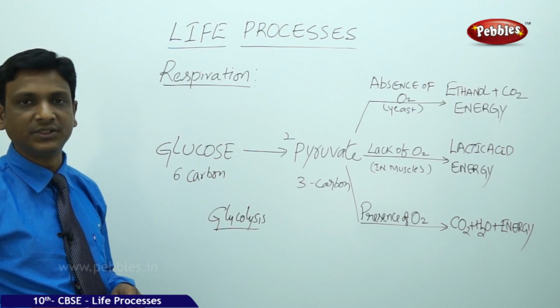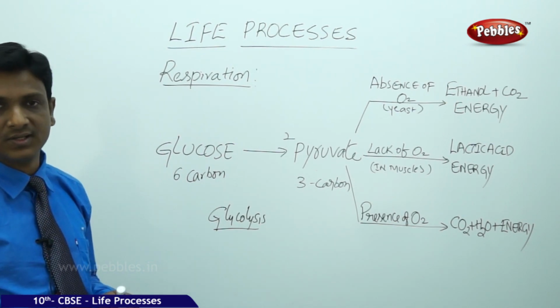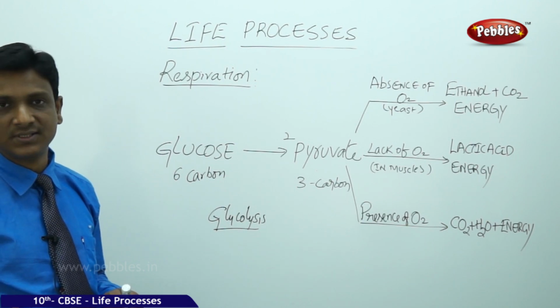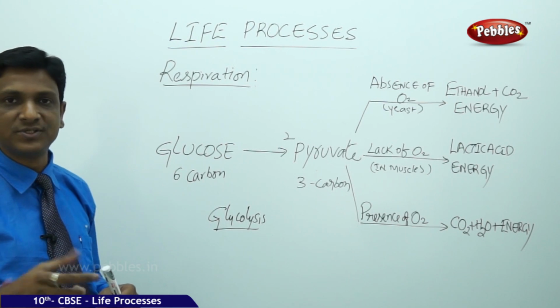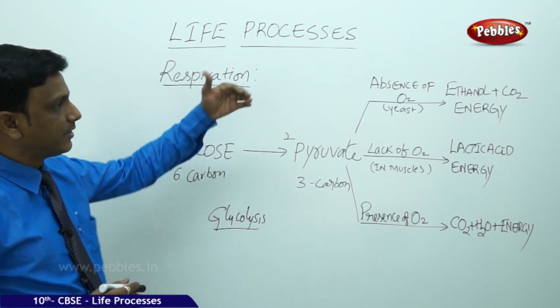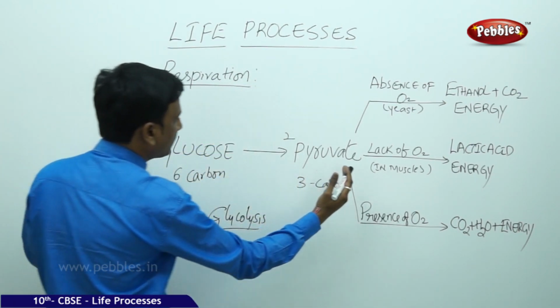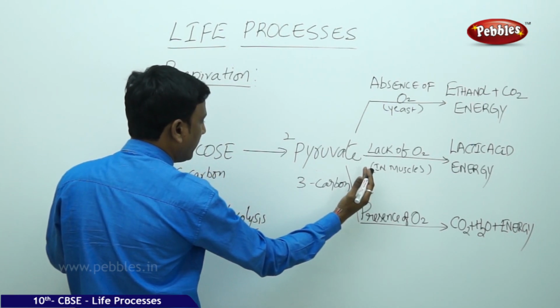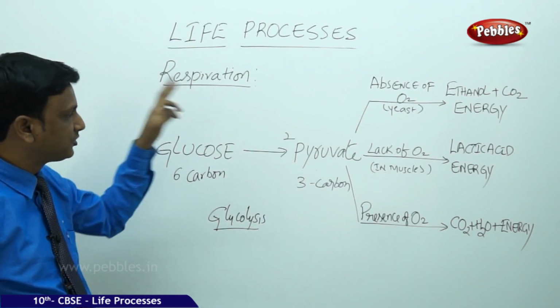We carry out the respiration in our cells in the presence of oxygen, so we are aerobic organisms. Whereas bacteria and yeast carry out cellular respiration in the absence of oxygen; those are anaerobic organisms. So whether it is anaerobic or aerobic respiration, the first part, the conversion of glucose to pyruvate, is carried out in the cytoplasm of the cell and in the absence of oxygen.